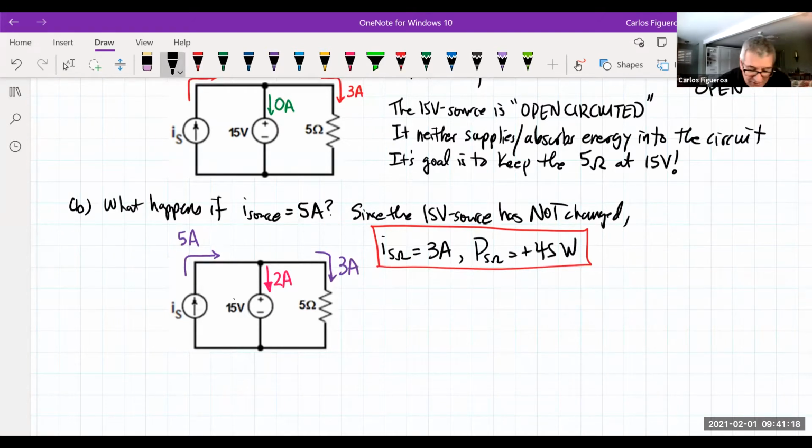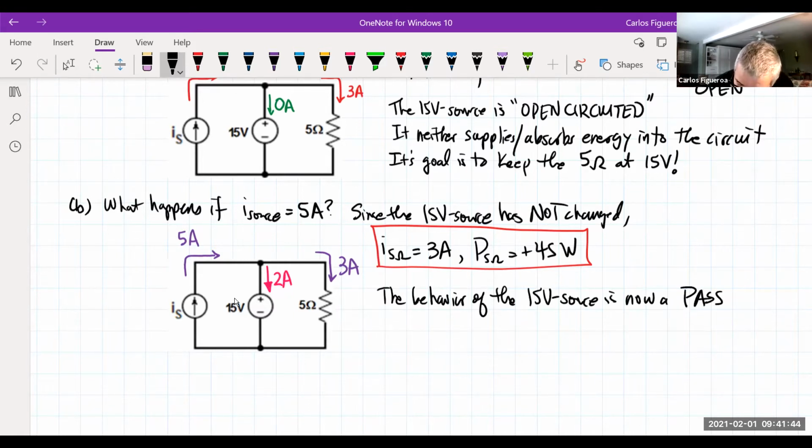So in other words, with the 5 amp source, the current source is now making that 15-volt source passive. The behavior of the 15-volt source is now a passive voltage source.